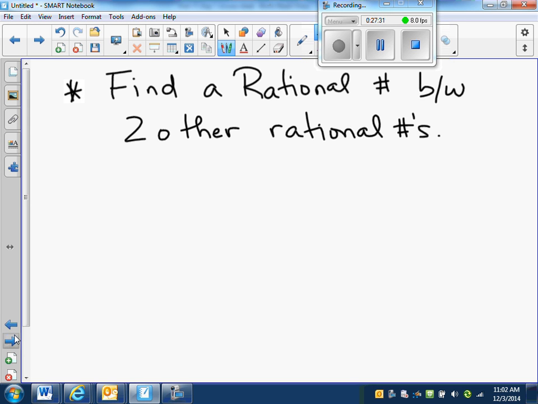Because I'm going to add one more example to those notes that I didn't have before. If we had two rational numbers, such as 3/5 and 4/5, how can you think of a way that we could squeeze a number between here?